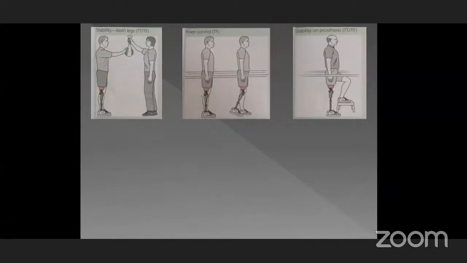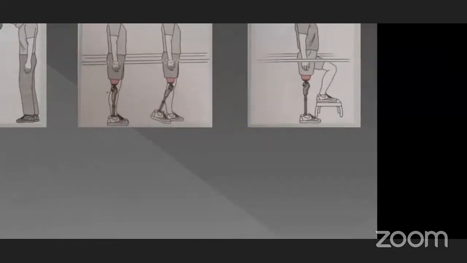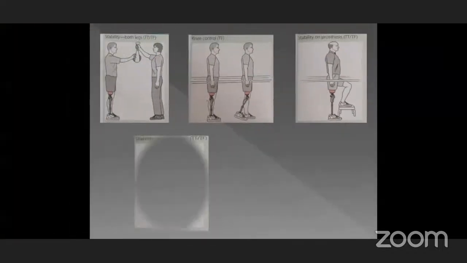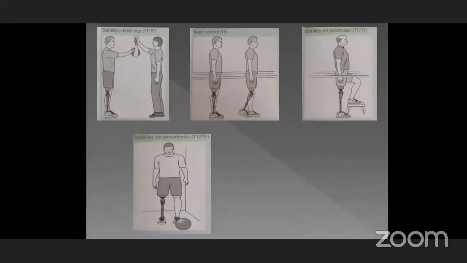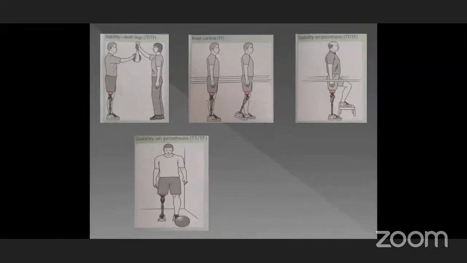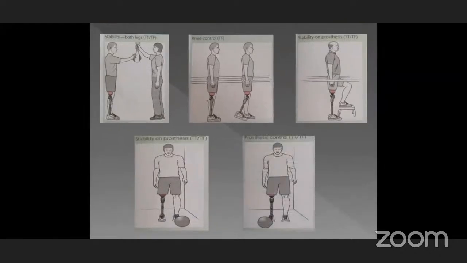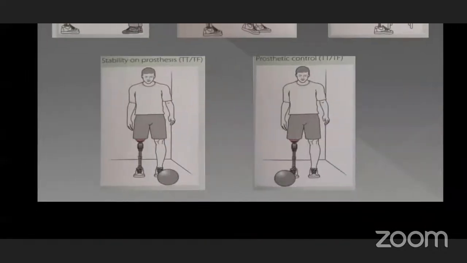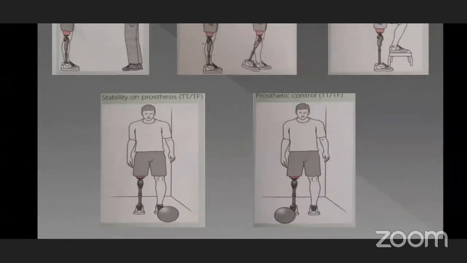And then we will see the fourth picture. Here you have to see those pictures at a time, because in the first picture you can see that the ball is on the normal side. It is also for the prosthetic and stability control. He has to kick that ball by giving the weight on the prosthetic leg, and he has to kick the ball with the normal side.